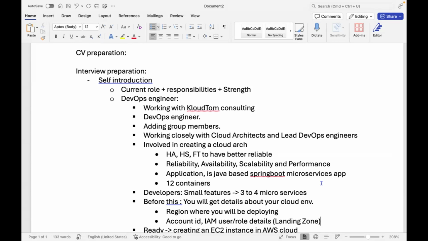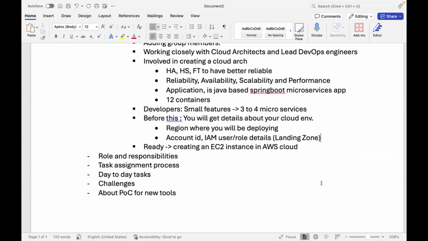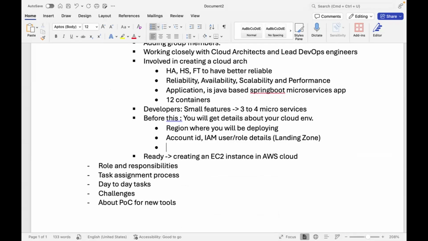What is landing zone team? Any idea? Anybody has a clue? What is landing zone? Just make a note that you should read about this one.